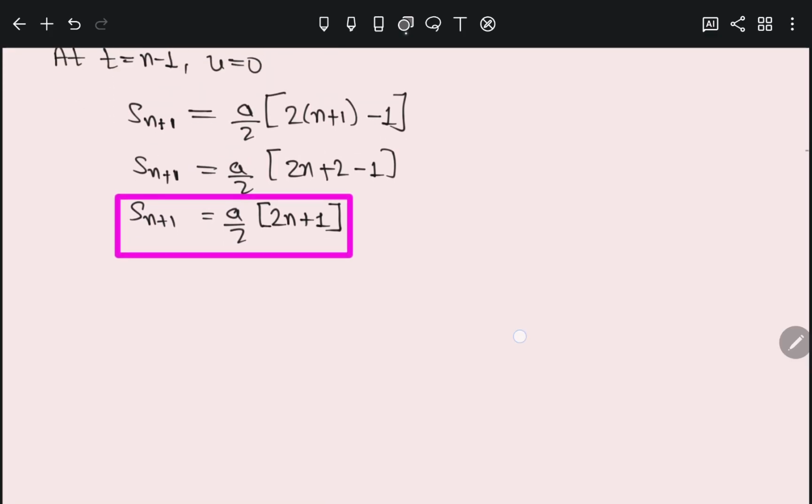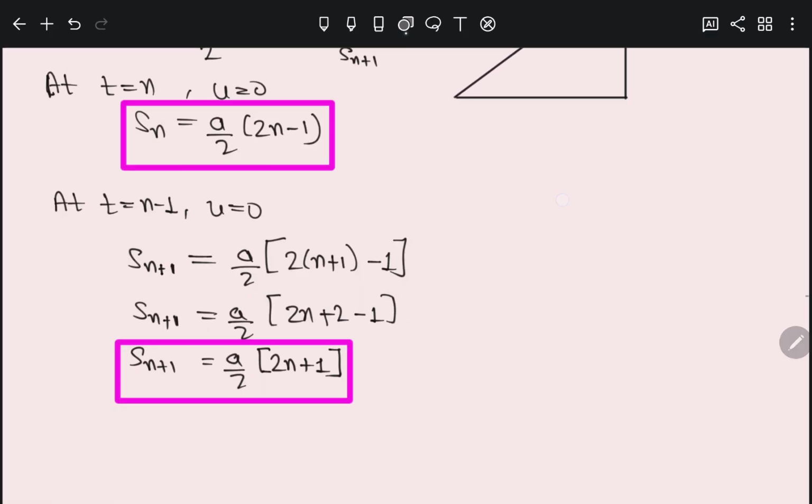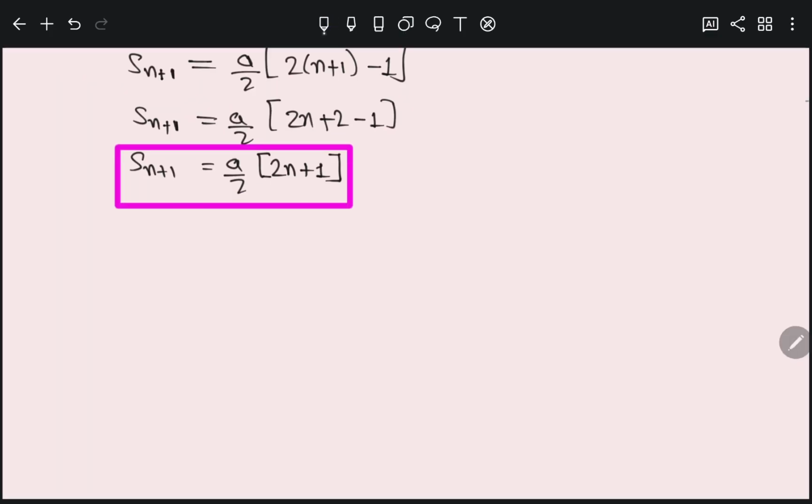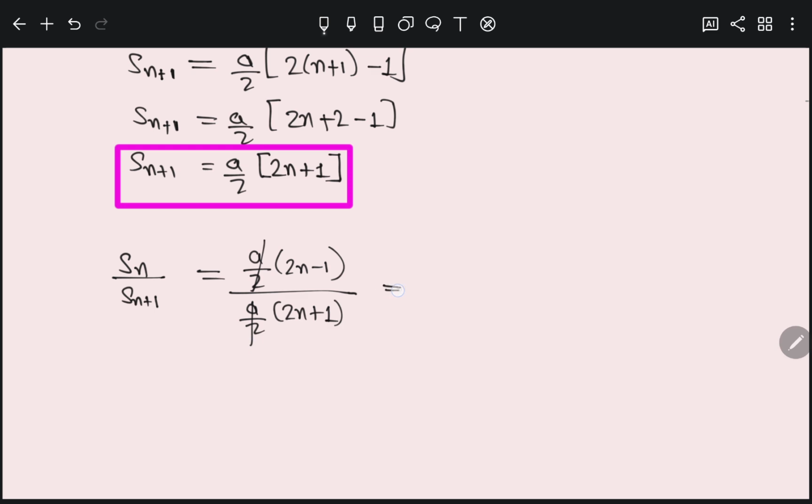So now we have to tell the ratio of Sn upon S n plus 1. Sn upon S n plus 1 is a by 2 into 2n minus 1 upon a by 2 into 2n plus 1. The a by 2 cancels.